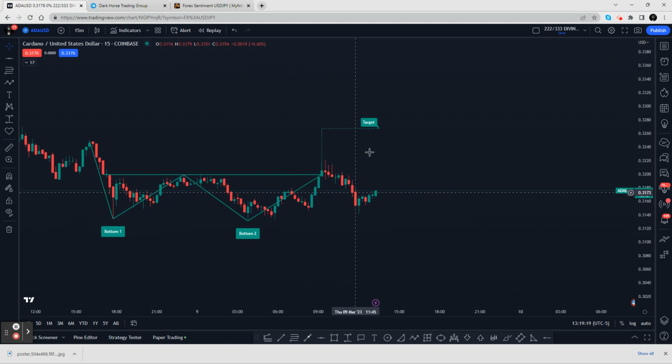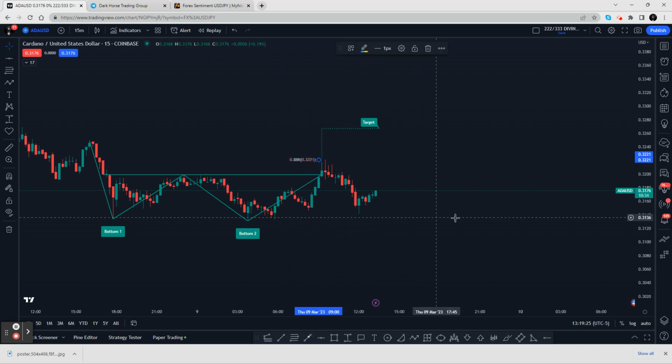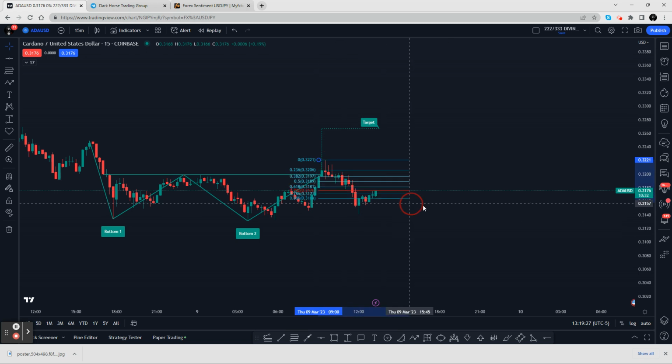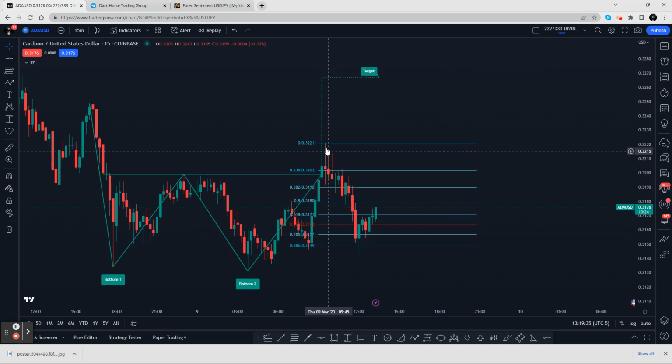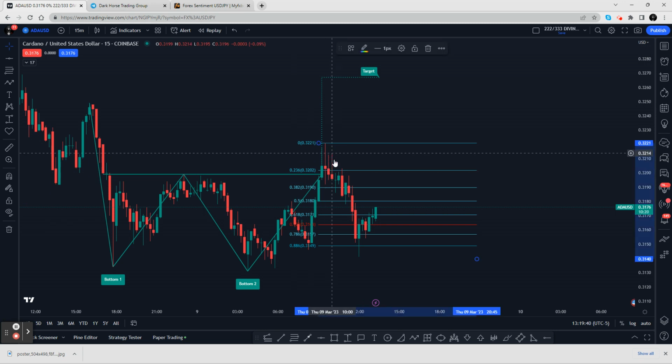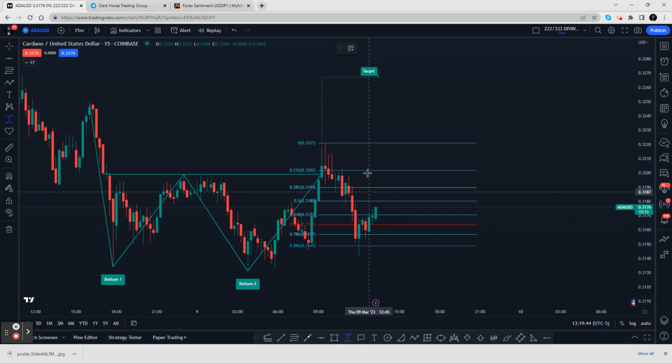Let's see what's happening with this. All right, look what happened. Bam, back across 23%. Boom. Drop down to 61. Futures contracts.